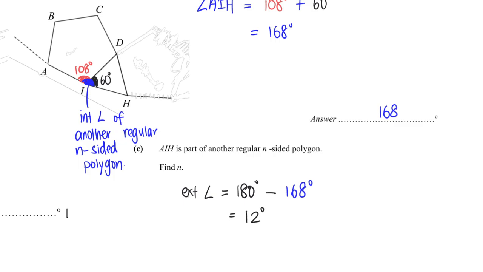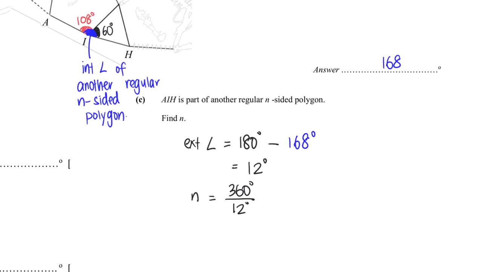This gives me 12 degrees, and therefore n, the number of sides, is simply equal to 360 degrees, the sum of the exterior angles, divided by each exterior angle. This will give me 30.